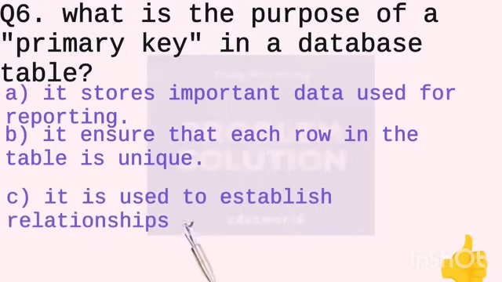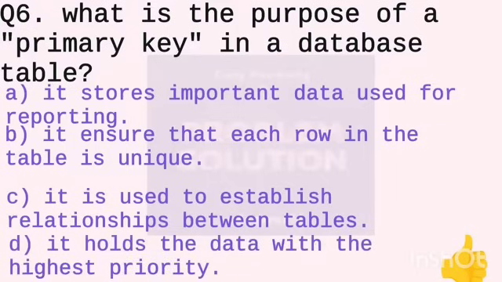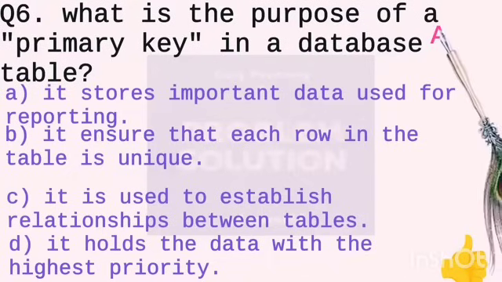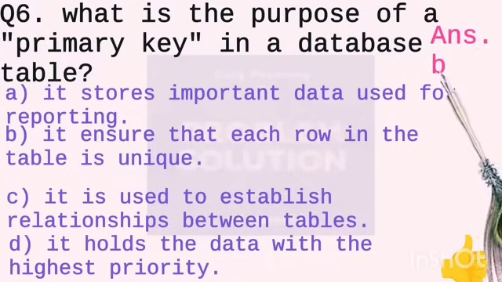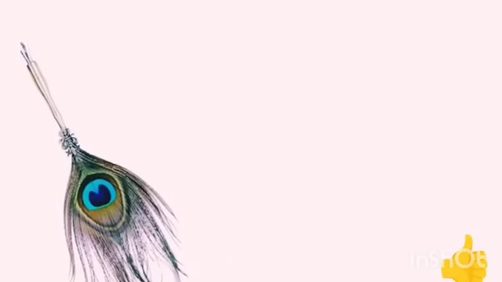Option C, it is used to establish relationship between tables. Option D, it holds the data with the highest priority. And the answer is B, it ensures that each row in the table is unique.